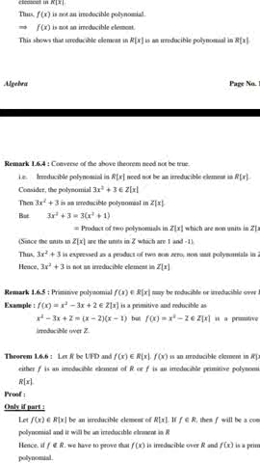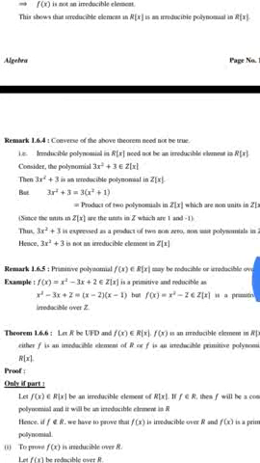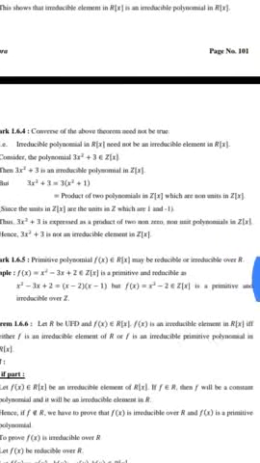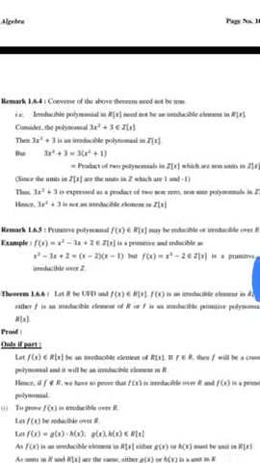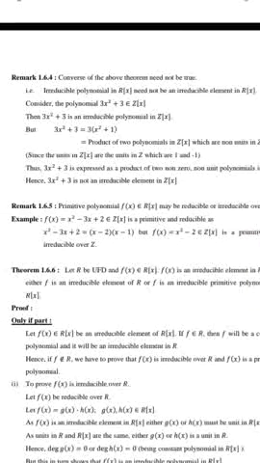Consider the polynomial 3x² + 3 belonging to Z[x]. 3x² + 3 is an irreducible polynomial in Z[x], but 3x² + 3 = 3(x² + 1) is a product of two polynomials in Z[x] which are non-units in Z[x].